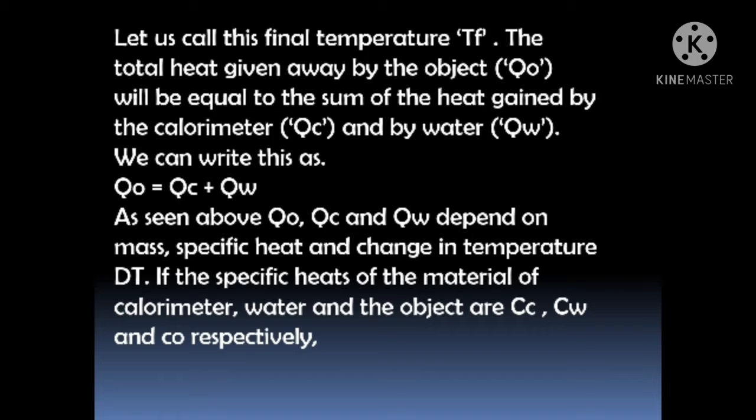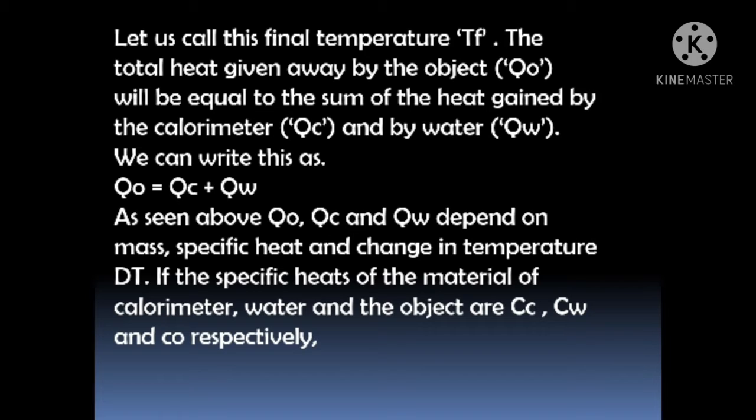Qo is the total heat of the object, and the total heat of the calorimeter is denoted by Qc, and Qw is the total heat of water, where Q stands for heat and W for water. So what will the equation become now? Qo equals Qc plus Qw will be the total heat lost or gained by the object.